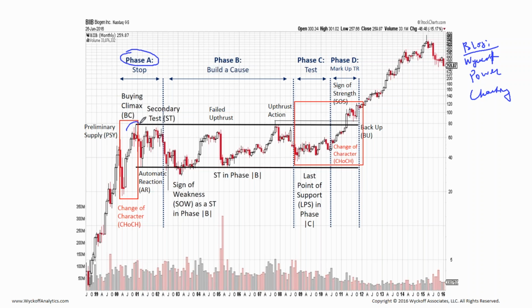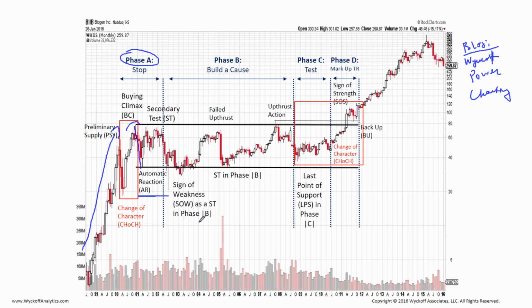And it stops with a dramatic, sometimes violent move called either a buying climax if it's rallying up into a stopping action, or if it's declining into a stopping action, we call it a selling climax. Buying climax in this case followed by an automatic reaction, which is a large abrupt decline.